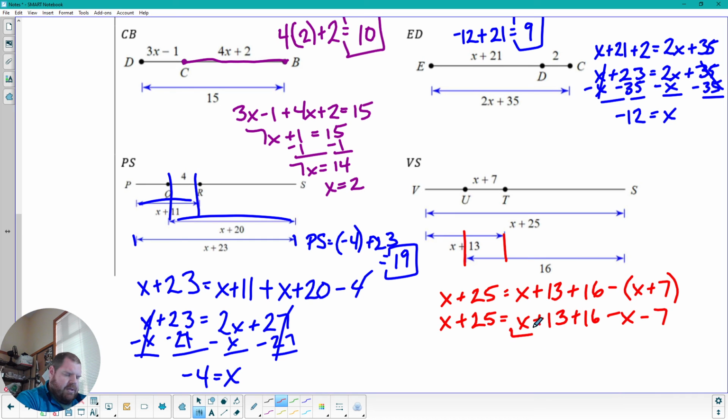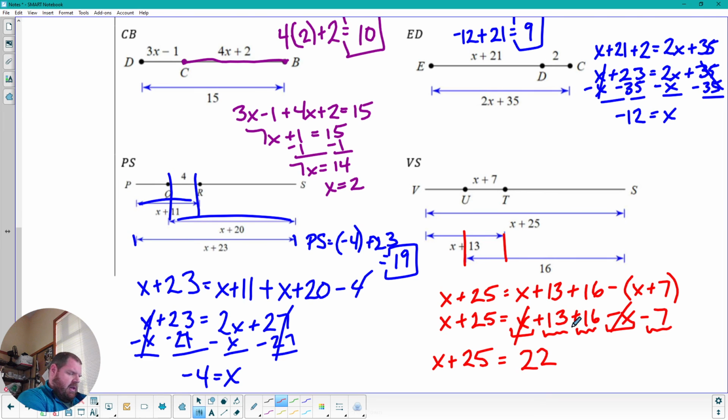All right, like terms: I've got an x, I've got a negative x, and then a 13, 16, and negative 7. Handle that part how you want to. The x and the negative x just cancel each other out. They go to 0. 13, 16, and negative 7 sounds like 22 to me.